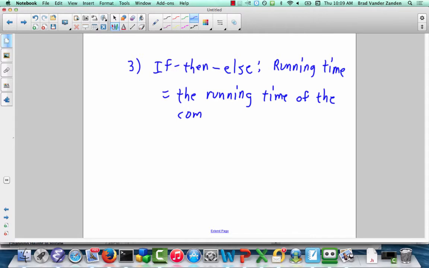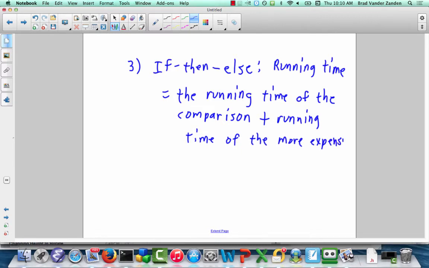And does anyone want to take a guess at how we're going to get the rest of it? Plus the running time of the longest condition. Very good. Plus the running time of the more expensive condition. I'll call it branch.